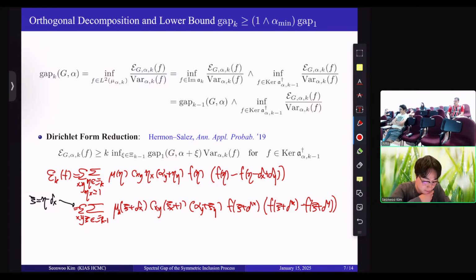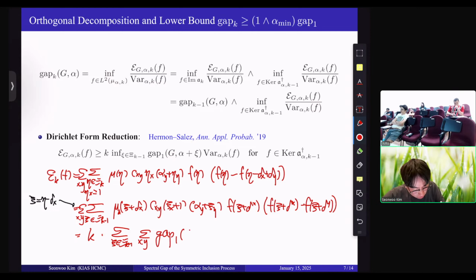And then here we use the inequality for, so by renormalization we have k, and then we have a summation in the psi. And then the gap of 1 g alpha plus psi, and the variation of alpha plus psi of f psi.